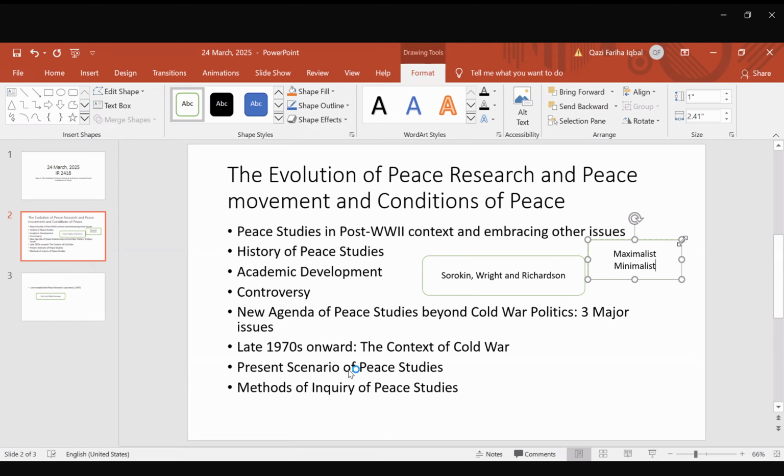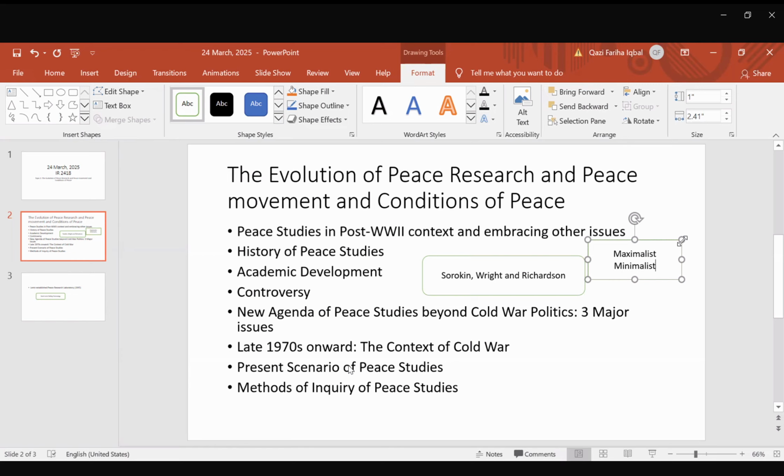It was to prevent the possibility of nuclear war. So minimalists were focused on a very narrow aspect, how to prevent the possible outbreak of nuclear war, and maximalists were expanding their area of study, especially when Johan Galtung established the concepts of direct violence and structural violence.